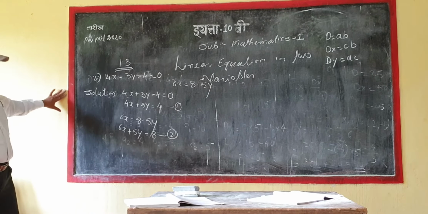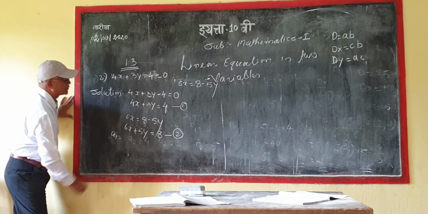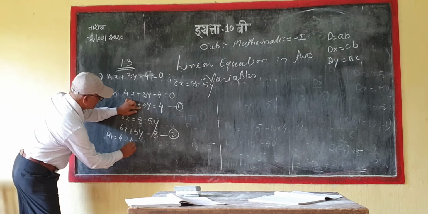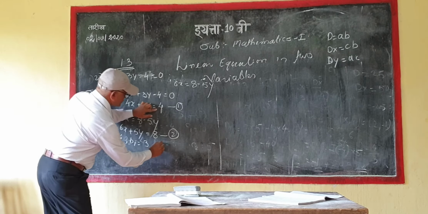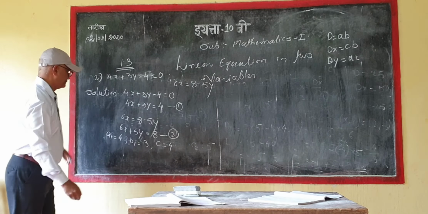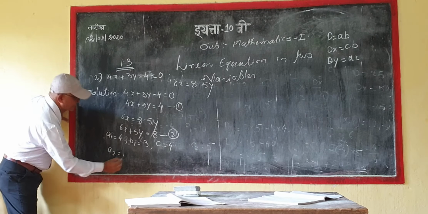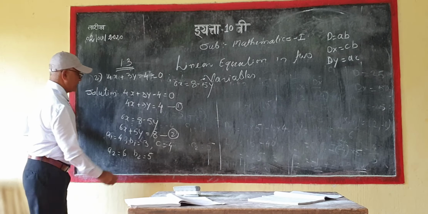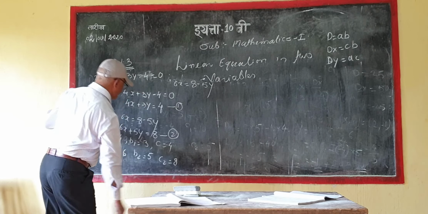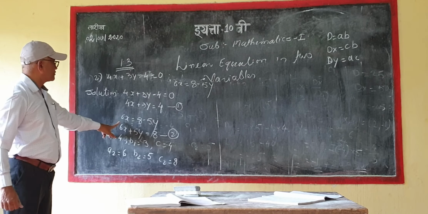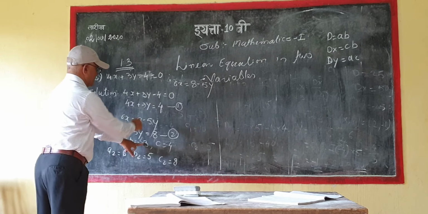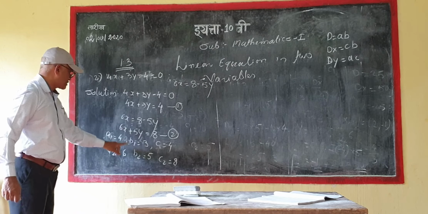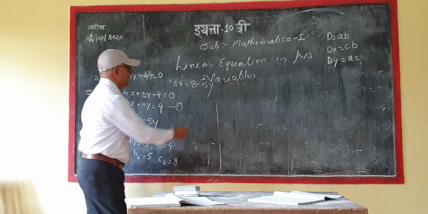From equation first and second, a1 is equal to 4, b1 is equal to 3, c1 is equal to 4. From second equation, a2 is equal to 6, b2 is equal to 5 and c2 is equal to 8.